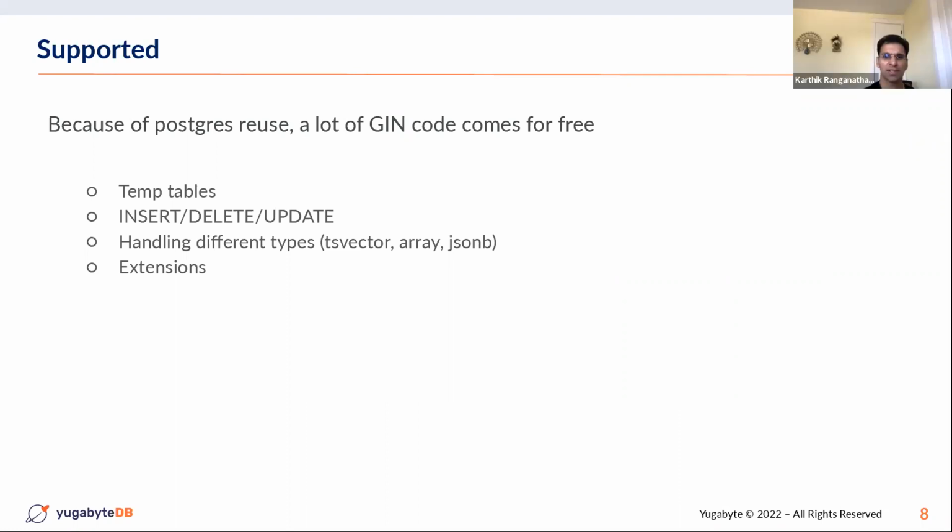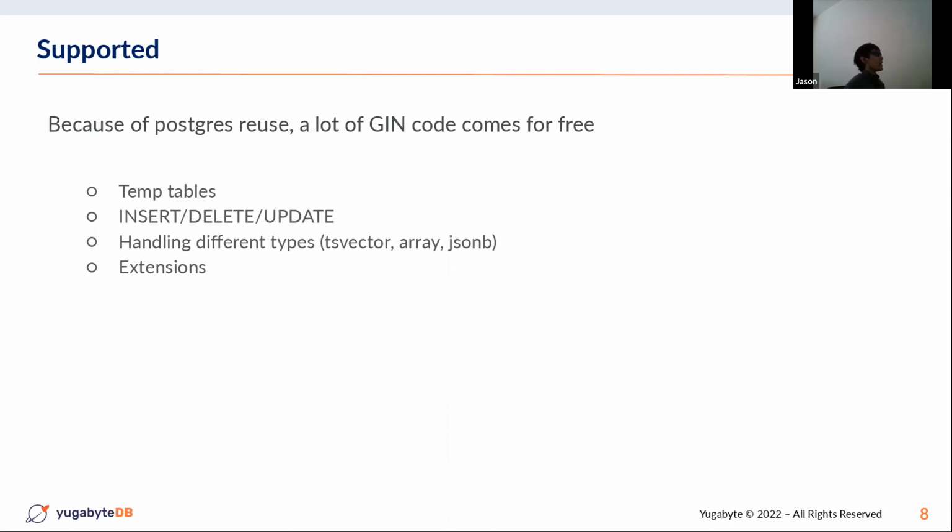Now let's talk about what's supported. Because of Postgres reuse, a lot of the JSON code comes for free. So for example, temporary tables support was very easy, and same with insert, delete, and update.